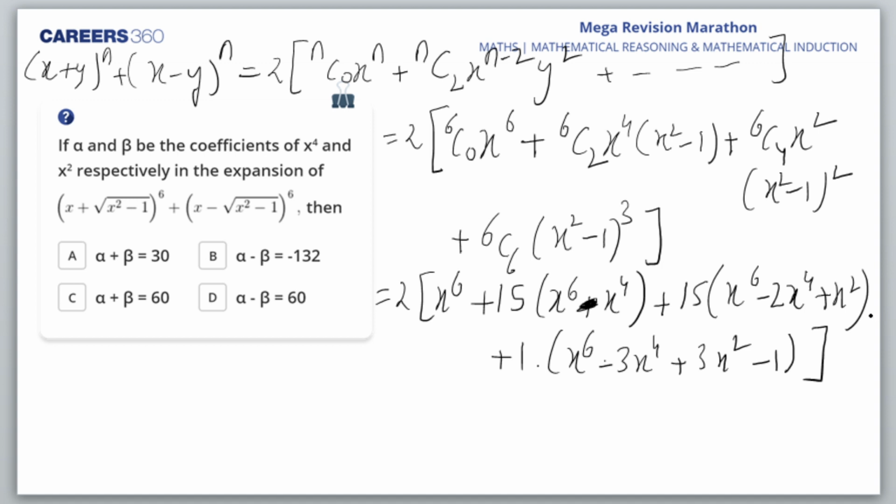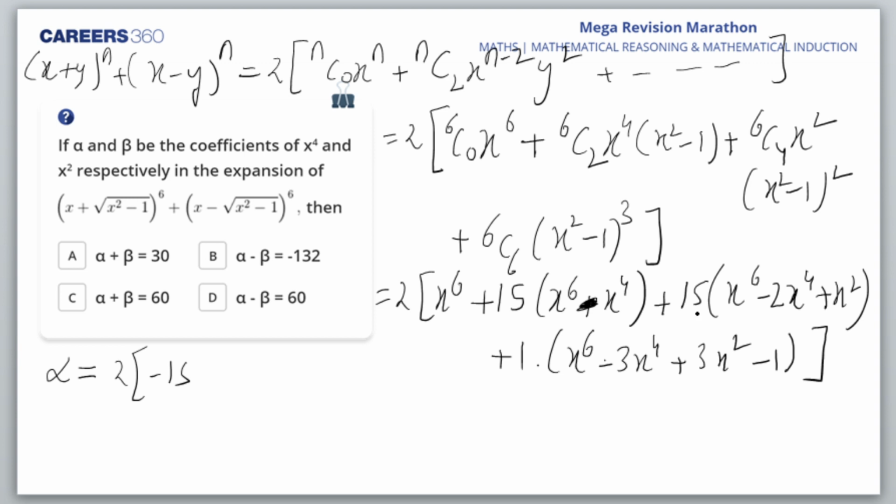I have the coefficient of what is given. Alpha and beta be the coefficient of x raised to power 4. So find out coefficient of x raised to power 4. So that is alpha. So what alpha I'll get? Tell me. X raised to power 4. Here it is. So minus 15 and 2 would be there. Minus 15. Where is x^4? Here.